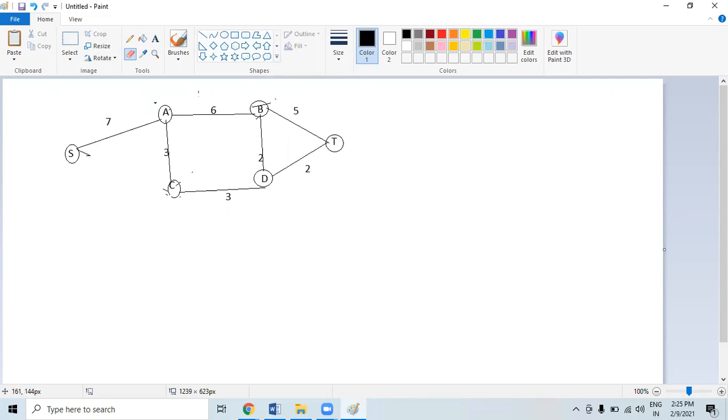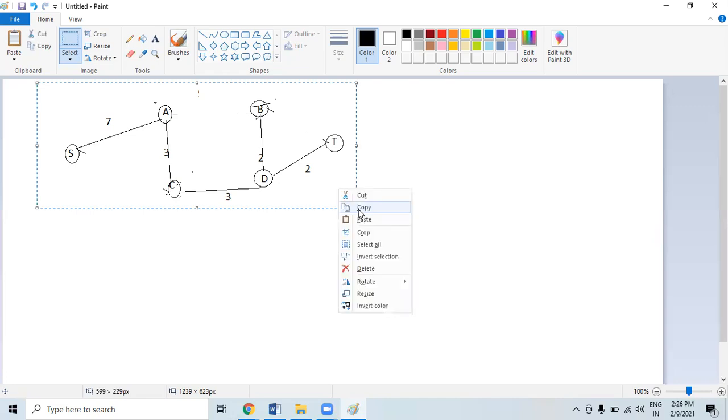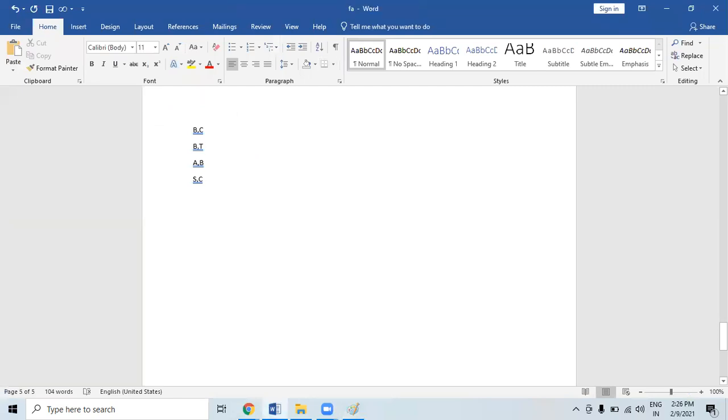Which edges we don't want, we ignore and remove. Because we add AB, right, but we don't add this one. So this is our final diagram. This is about the Kruskal algorithm.